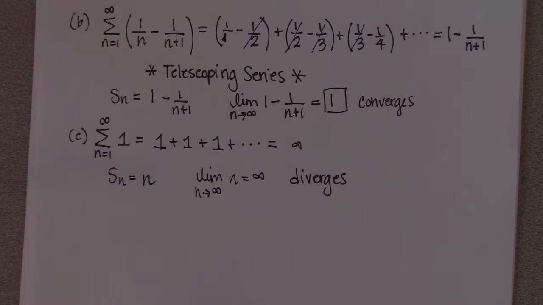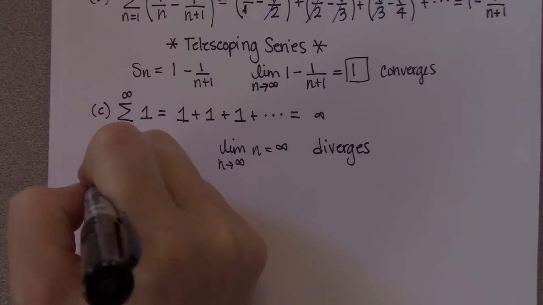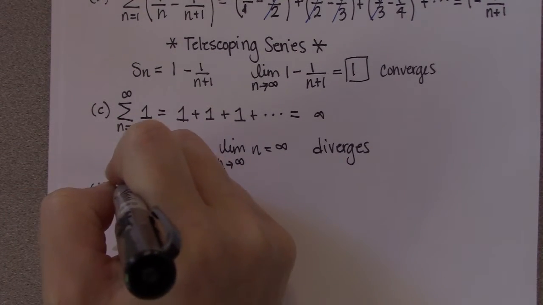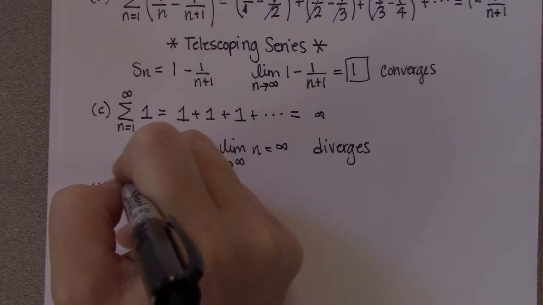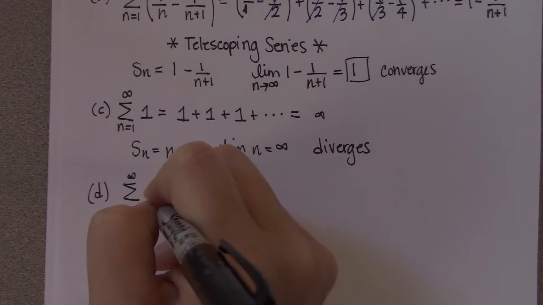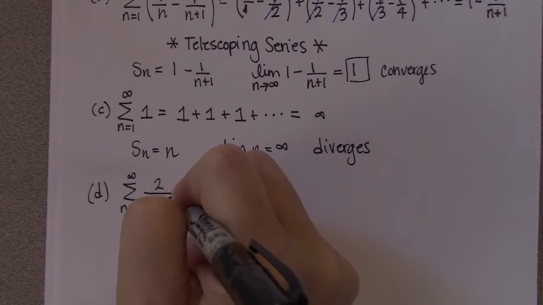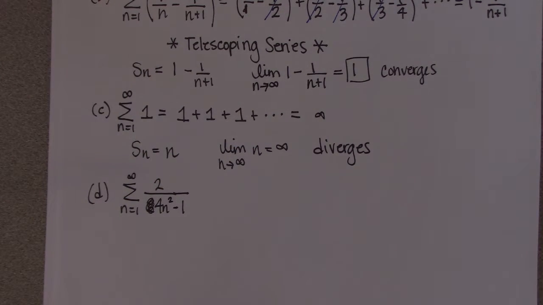All right, let's look at another series. So the limit of that nth term is in fact 0.